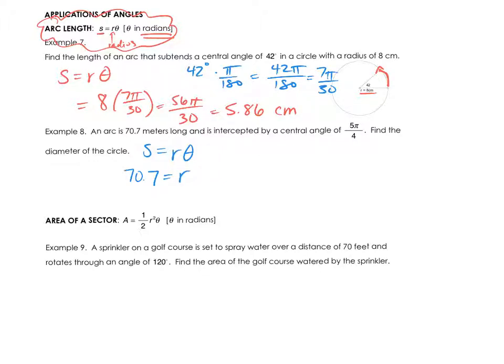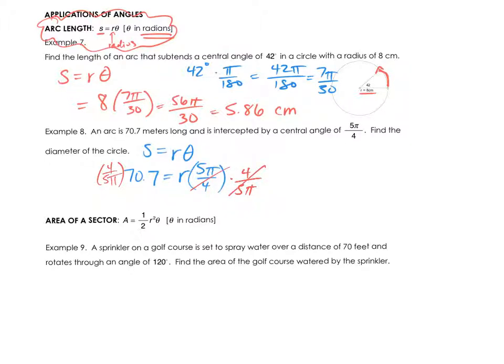And then the central angle is 5 pi over 4. So now, in order to solve for r, I'm going to multiply both sides by 4 over 5 pi.